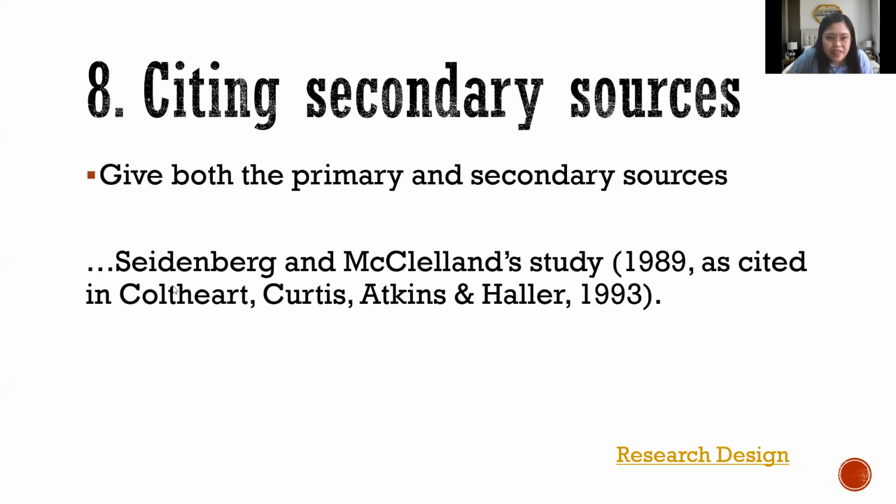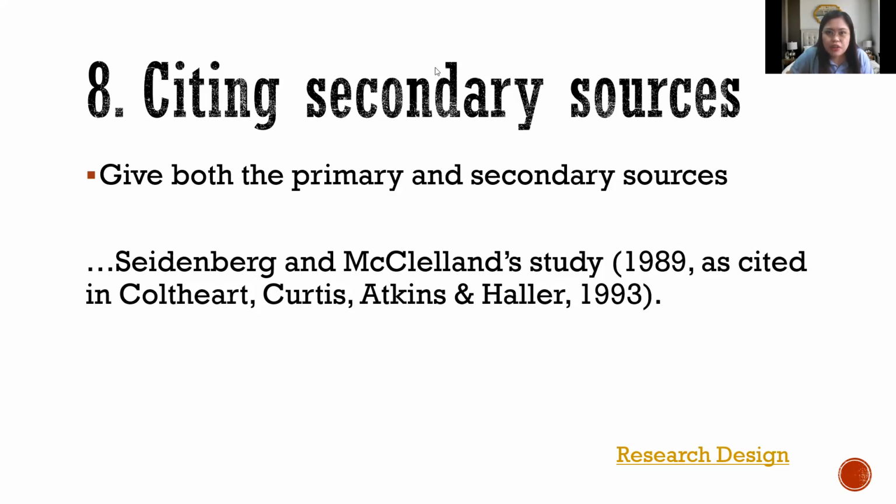So ang pagbuhat ninyo, you have here Seidenberg and McClelland's study, open and close parenthesis, the date of the year of publication of the original author. So original ning author na niha Seidenberg and McClelland study, open and close parenthesis 1989, comma, and take note as cited in Coulthard, Curtis, Atkins, and Holler, comma, 1993.